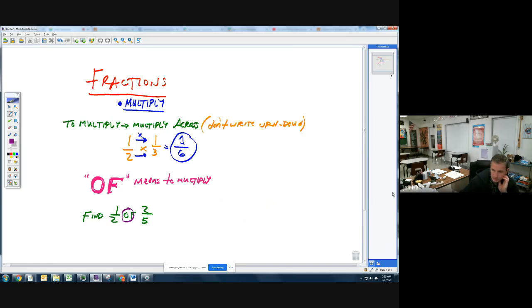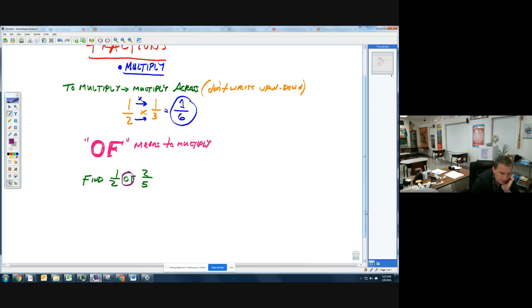So that is really the same as saying 1/2 times 2/5. And again, there's nothing easier than that because you're just multiplying across. 1 times 2 is 2, and 2 times 5 is 10. So you end up with 2/10.